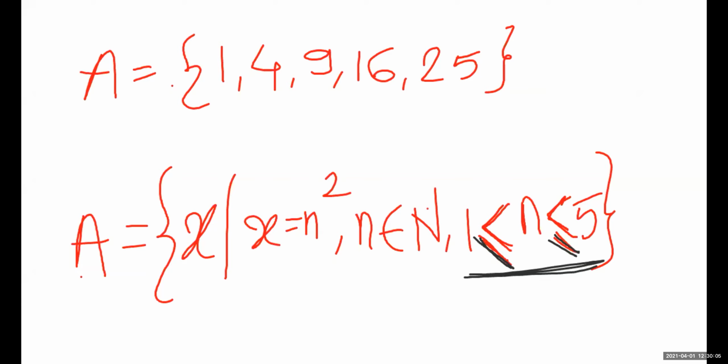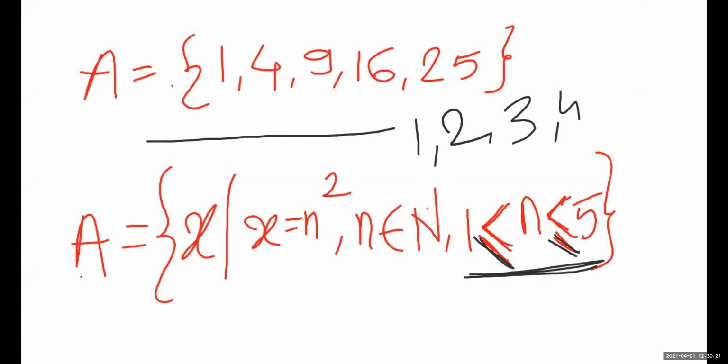But if you are taking less than 5, we are considering 1 2 3 4. अगर less than 5 बोला है तो 1 2 3 4 और negative numbers भी आते. So it is less than or equal to 5, so we have taken 5. Okay, so I hope till here it is clear.